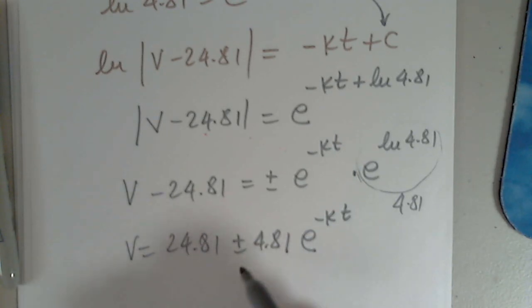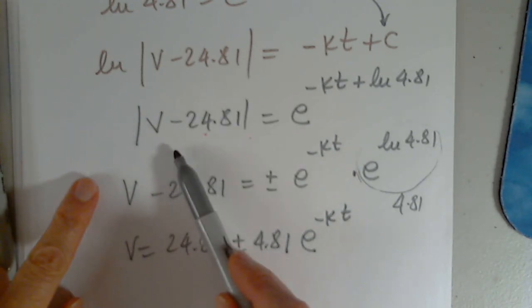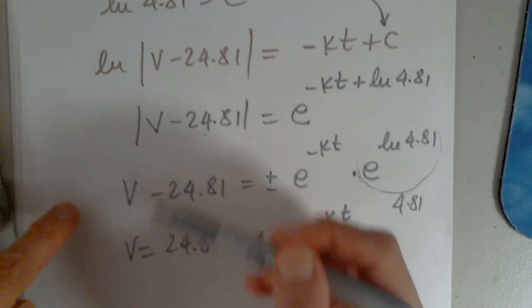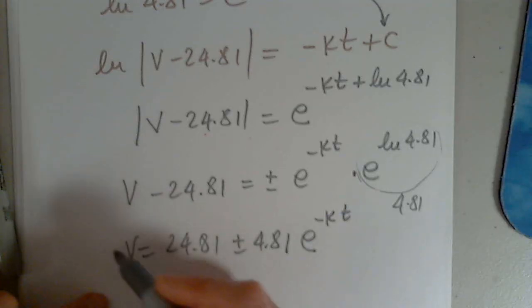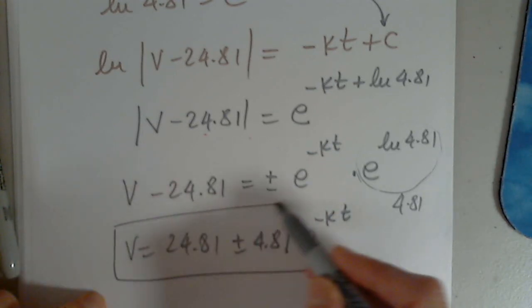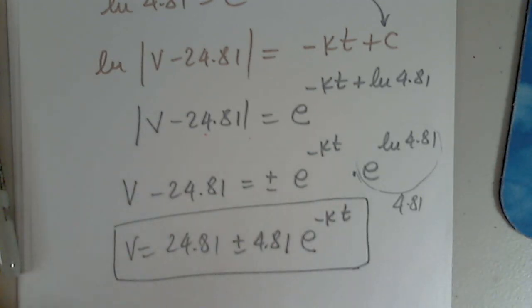The positive or negative here comes from the absolute value. We should check for different times and different k if it's necessary to put plus or minus, but I don't have k. So algebraically everything is correct. Any questions?